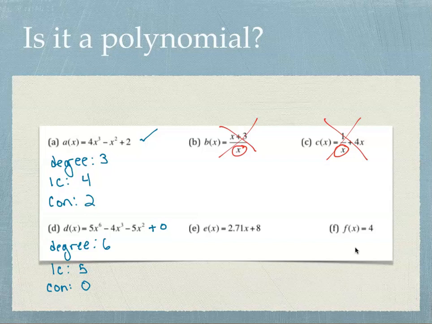E has no variables in the denominator, has no negative exponents, and no square roots, so it is a polynomial. Decimals are allowed, so that's no problem. The degree of this is a little tricky because I don't see any exponents, but if I have x with no exponent, I can create an exponent of 1. All right, so this could also be read as 2.71 x to the first plus 8.